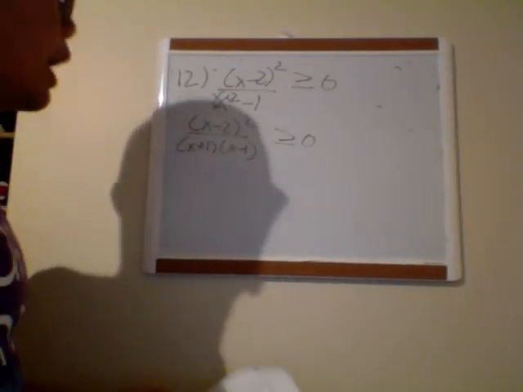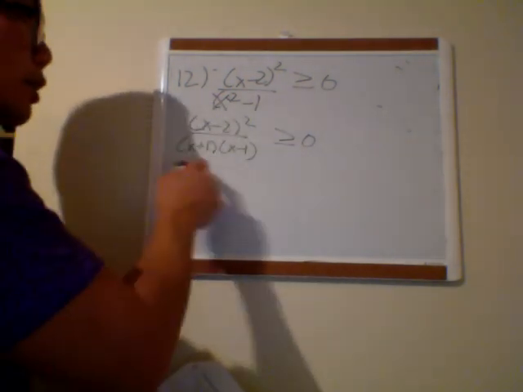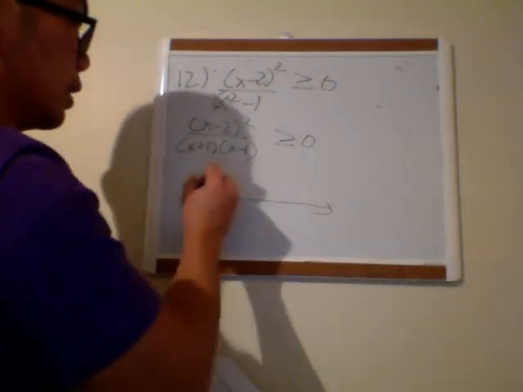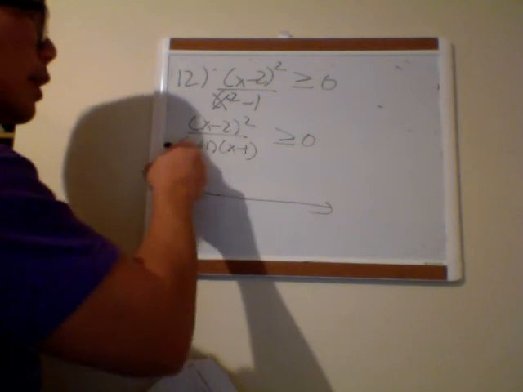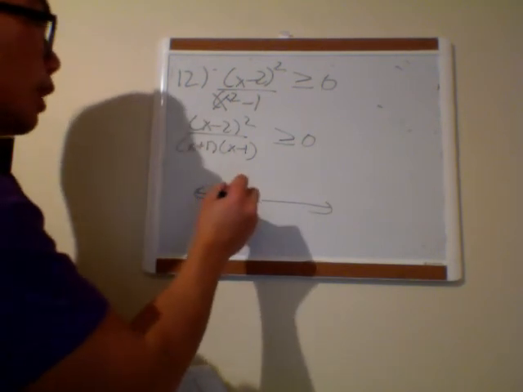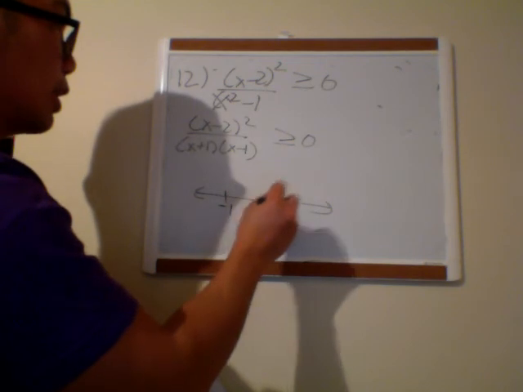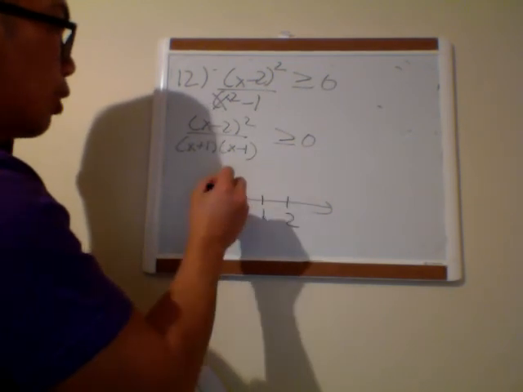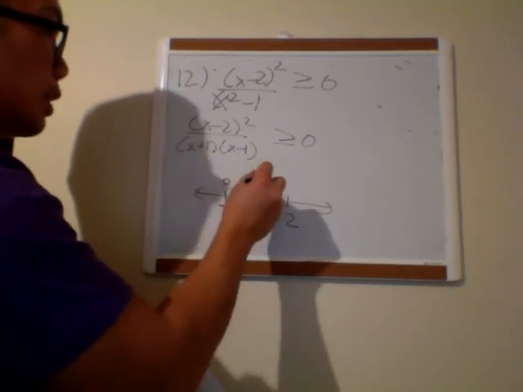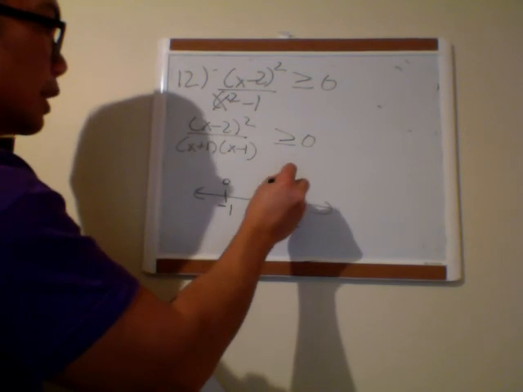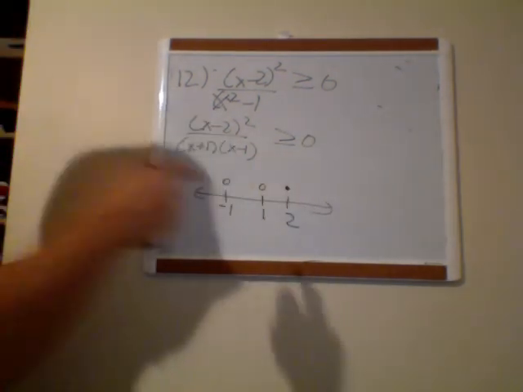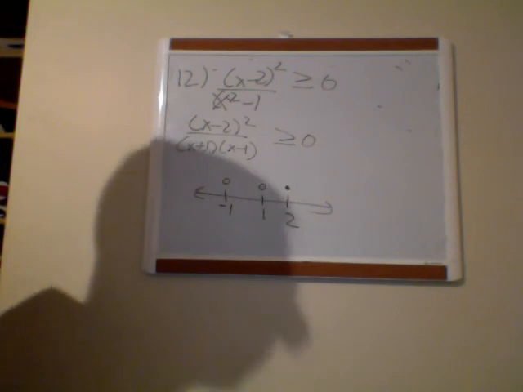Then I have to take the critical values of everything, the top and the bottom. The bottom will be an open dot, so I know I'm at -1, I'm at 1, and I'm also at 2. Open dots at -1 and 1, and a closed dot at 2, because it's greater than or equal to.